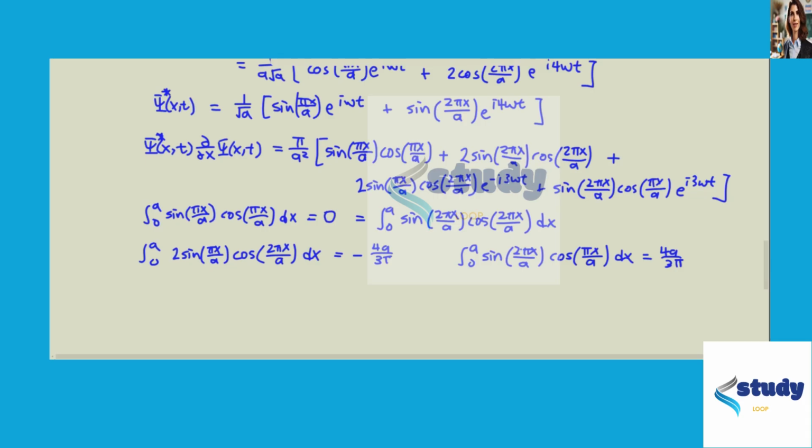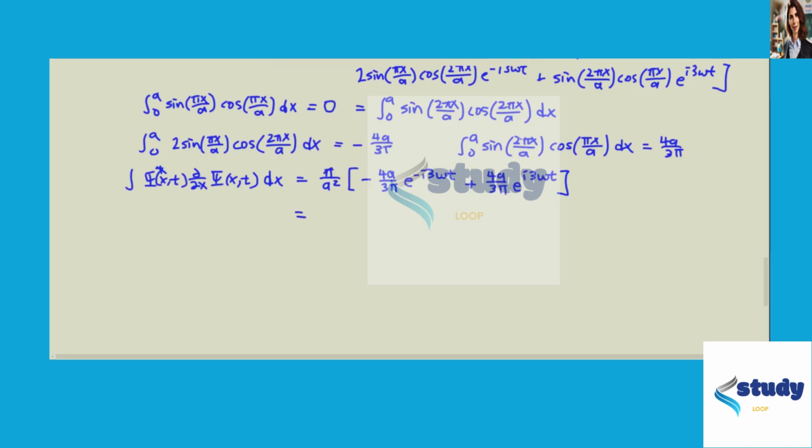So when it comes to the integral of psi star x t d/dx psi x t dx, you have pi over a squared, and then you have negative 4a over 3 pi e to the minus i 3 omega t plus 4a over 3 pi e to the i 3 omega t.